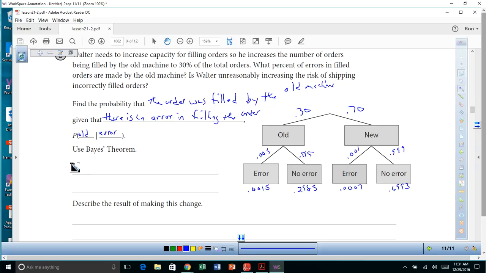Use Bayes' theorem. So the probability of the old machine given an error is going to be the probability of the old machine times the probability of an error given the old machine, over the probability of an error.